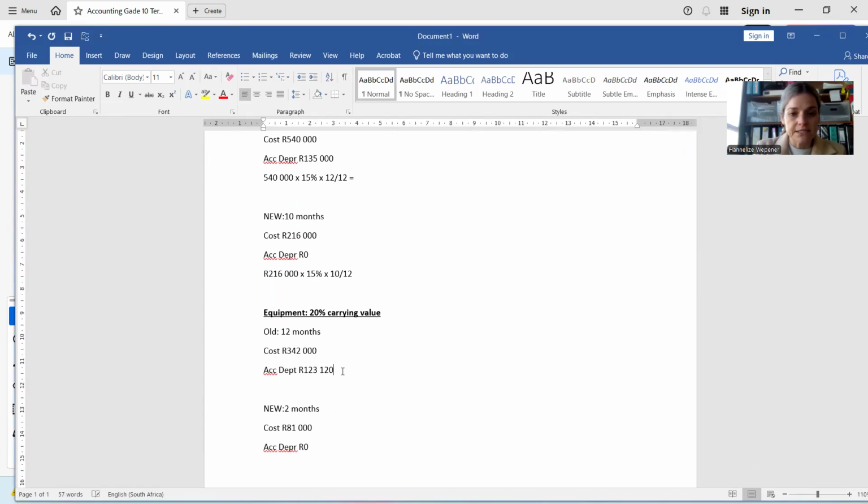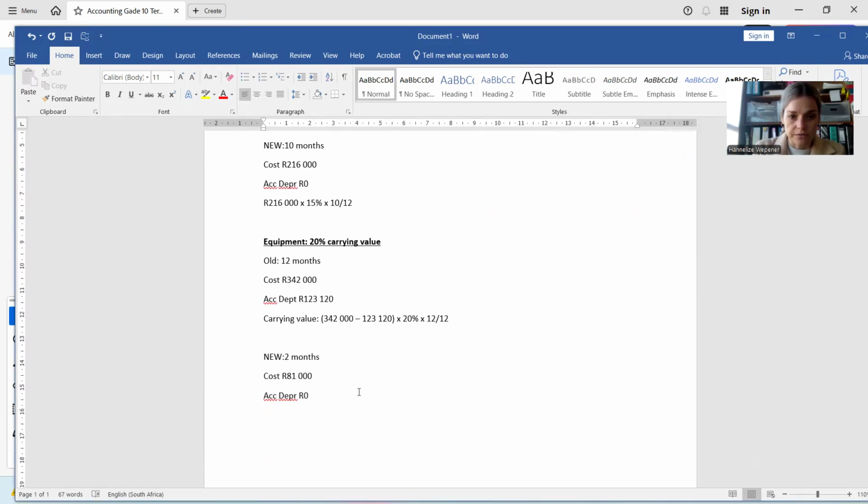Then for my equipment, I first need to calculate my carrying value, and that is the 342 cost minus the accumulated depreciation on day one. Once I have that, I'm going to multiply that by 20%, and then I had these items for the full financial year.